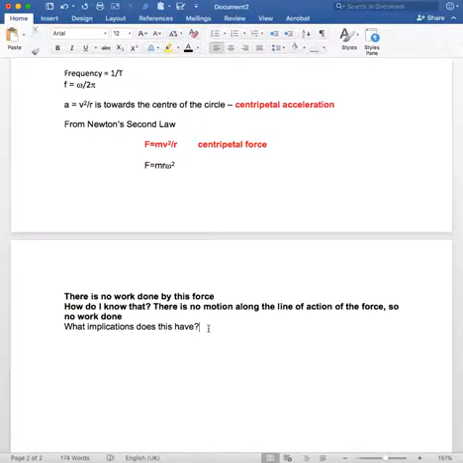So if something moving in a circle was having work done on it by that centripetal force, then it would be losing energy, or gaining energy perhaps, but there would be work done, which would mean it could not maintain that circle unless there was an energy input from somewhere.